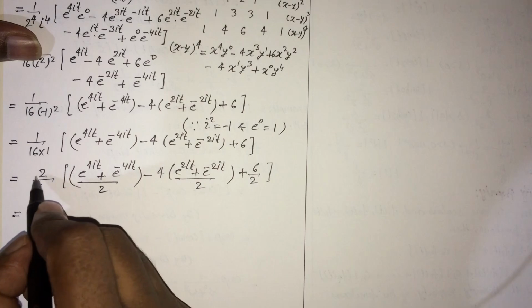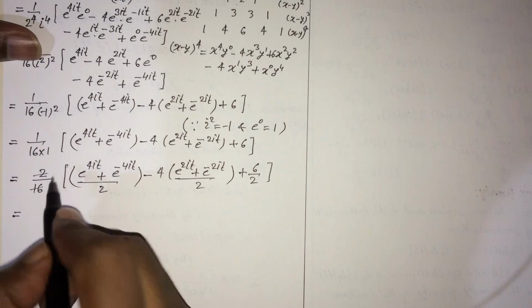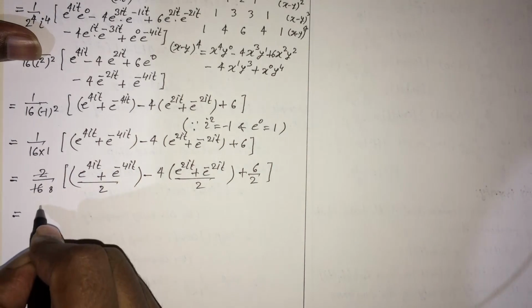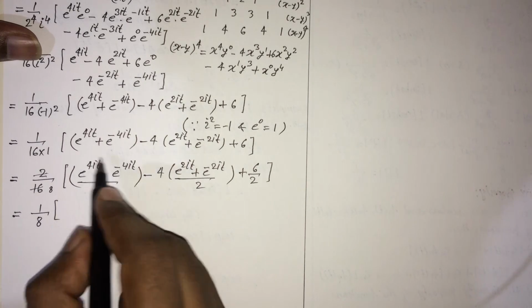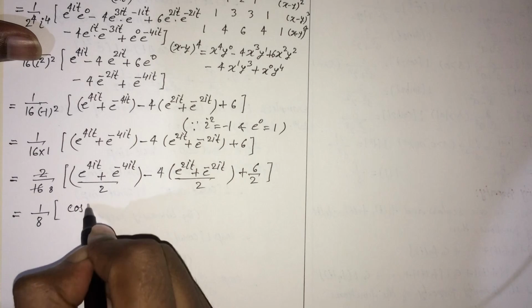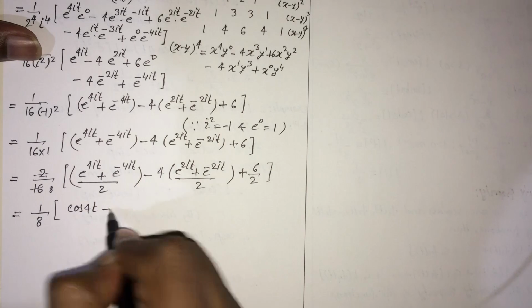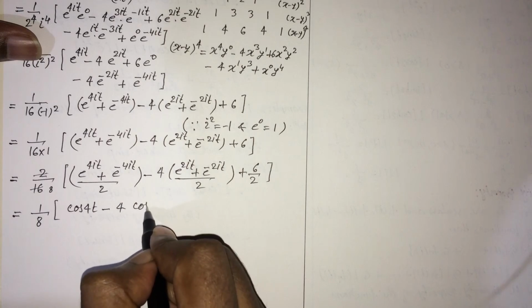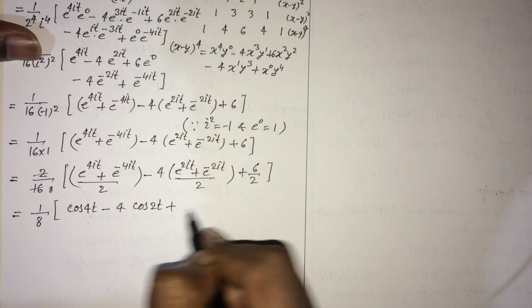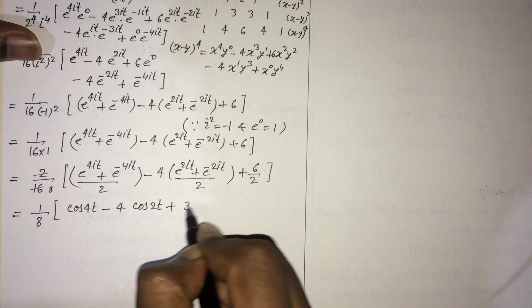So 2 times 8 is 16, this becomes 1 by 8 into (cos 4t minus 4 cos 2t plus 3).